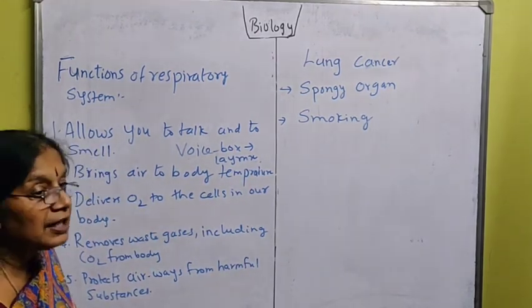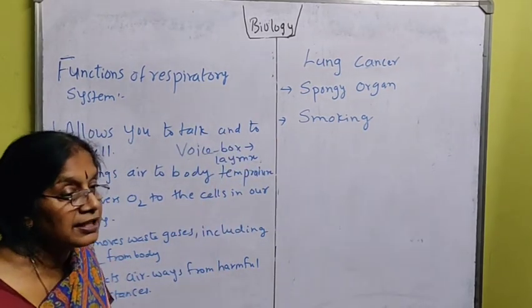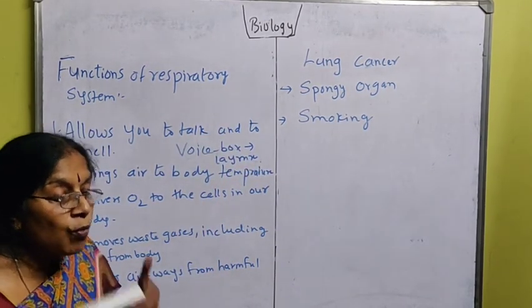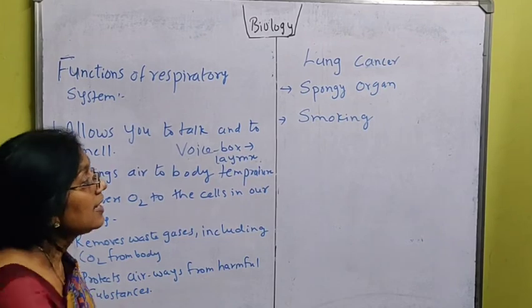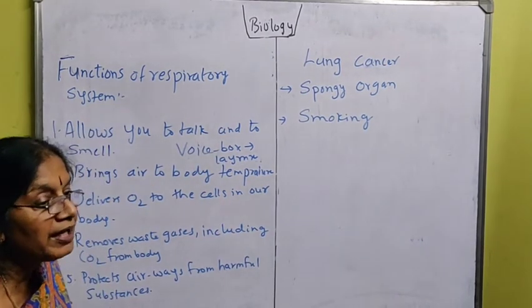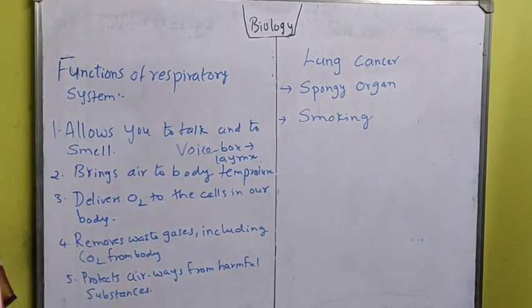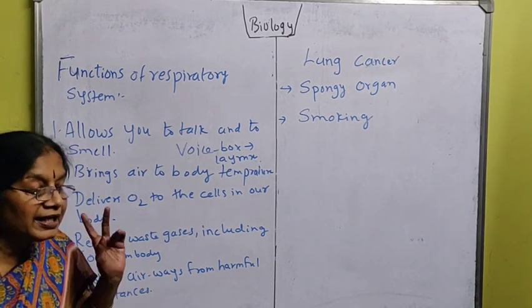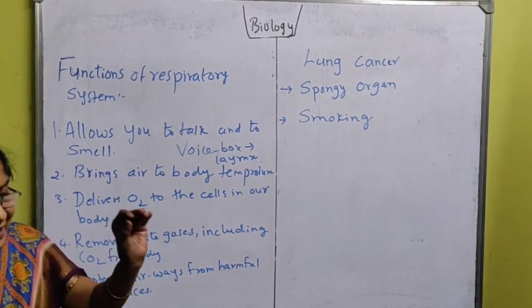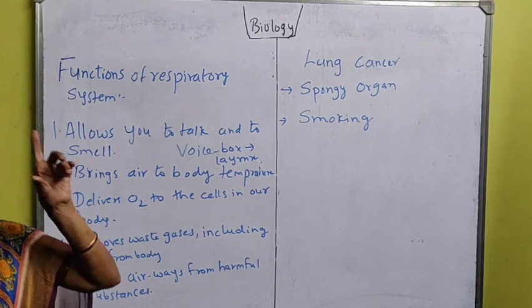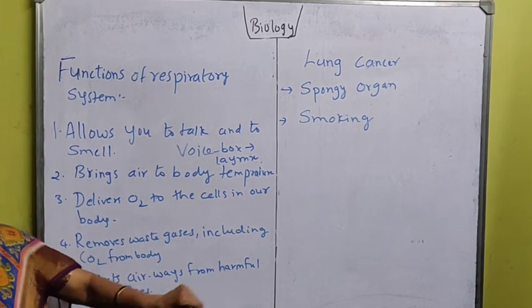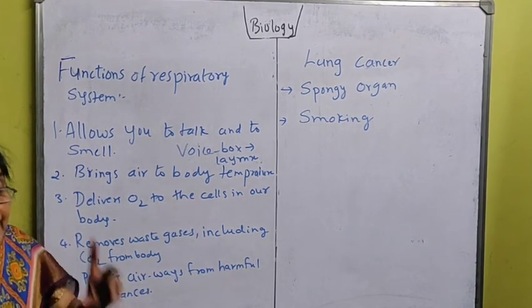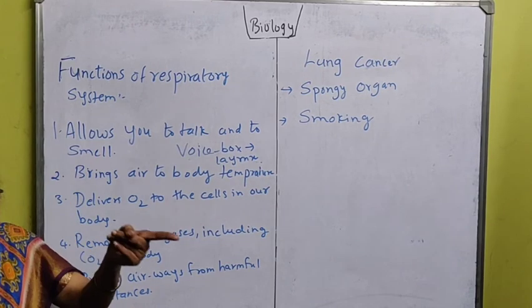Why does lung cancer occur? By doing what does lung cancer occur? Smoking is very dangerous. Inside a cigarette, tobacco is there. Tobacco is very, very injurious.